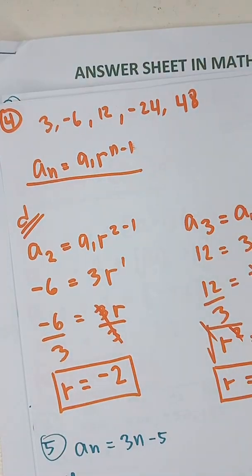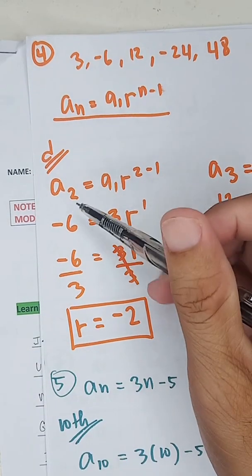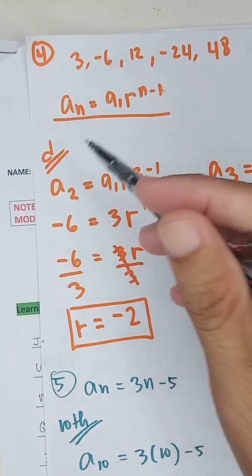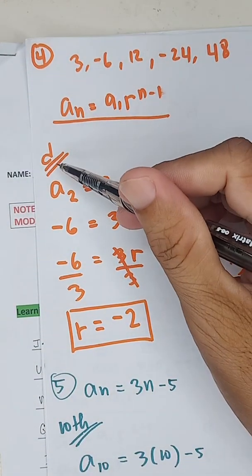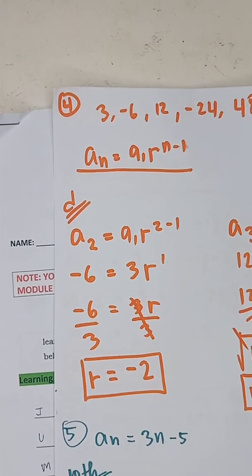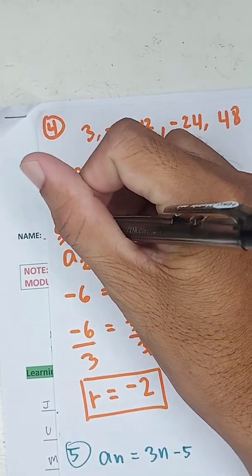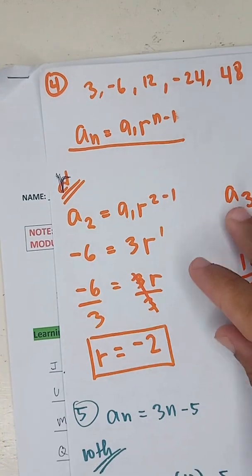A sub n is equal to a sub 1 times r raised to n minus 1. So, first thing to do is to look for r. Okay, r.